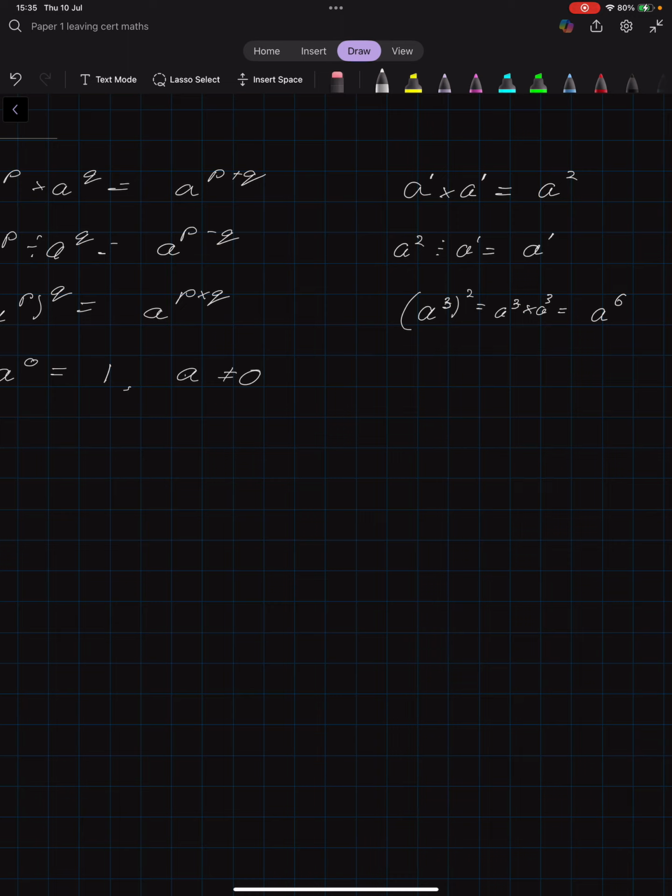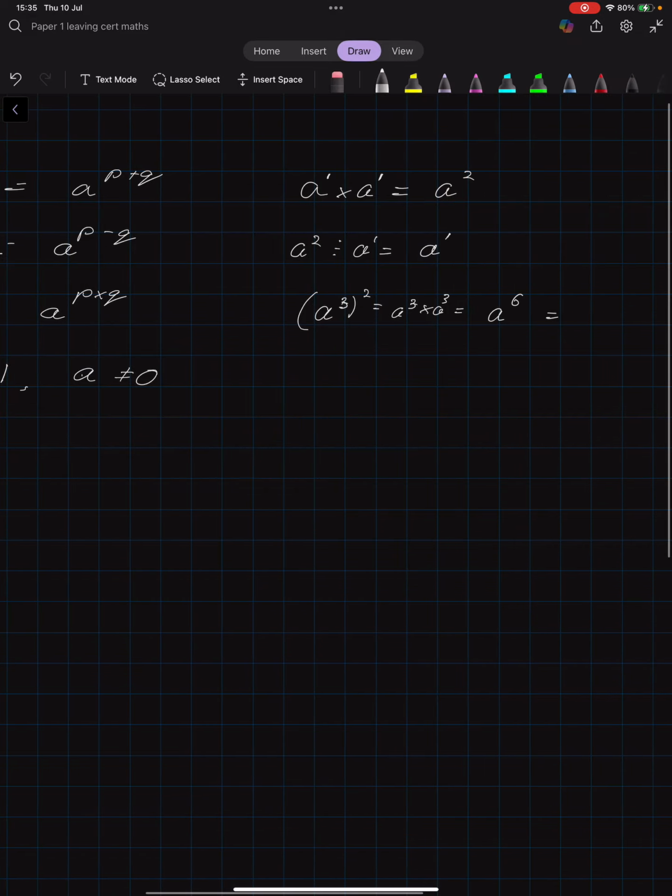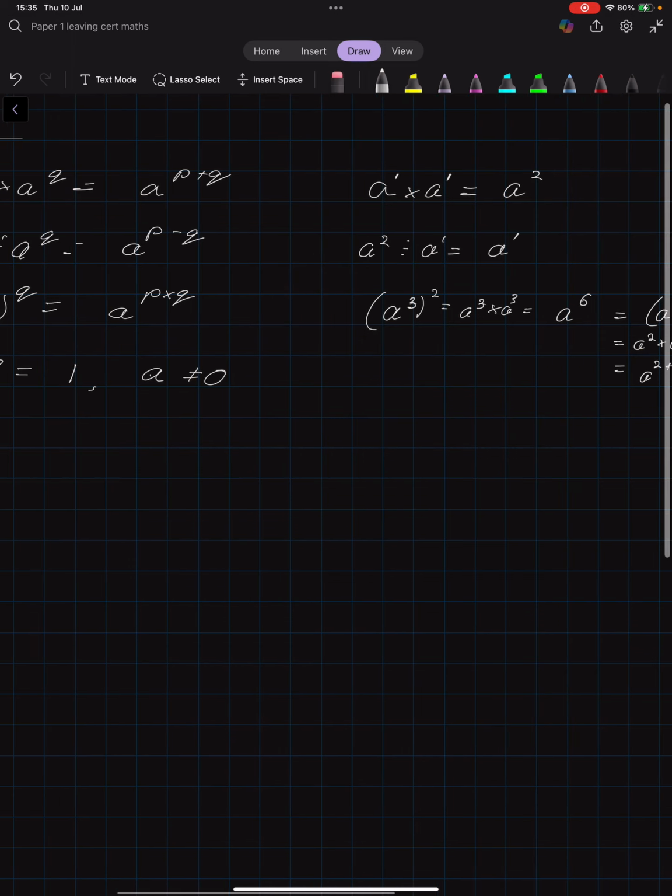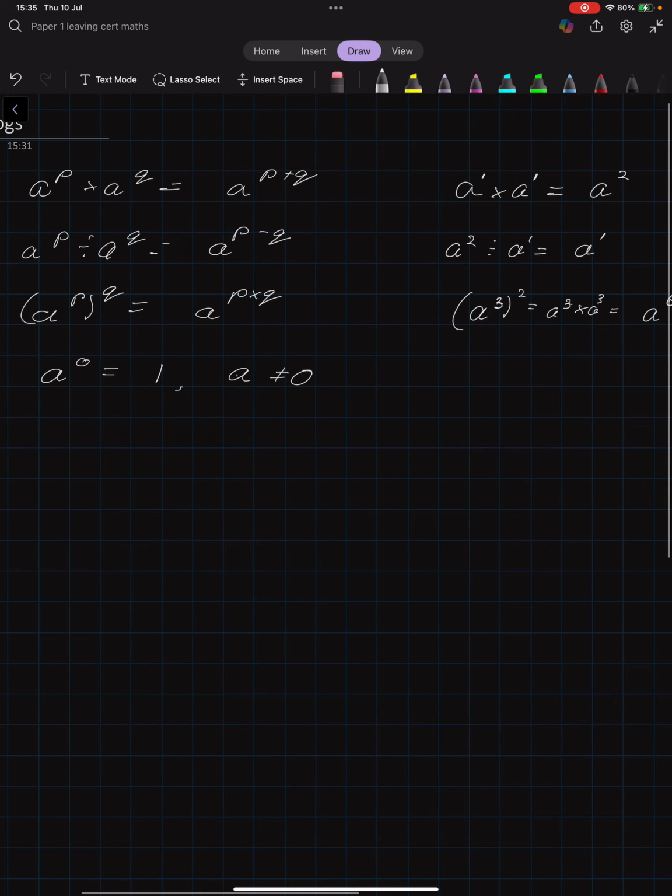Okay? This is the exact same thing as if you were to do a squared cubed, because that's equal to a squared times a squared times a squared. Again, you just add the powers, 2 plus 2 plus 2, so it's a to the power of 2 plus 2 plus 2, which is a to the power of 6. Okay? And the very last one, a to the power of 0.